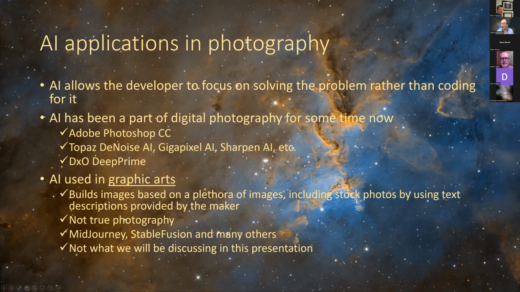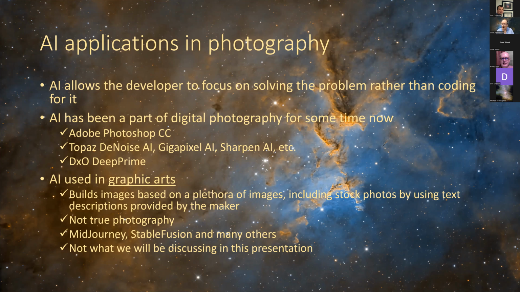But there's also, and this is one of the things I want to make sure I get across, in graphic arts, tools out there that can build images based upon a lot of different images, including stock images, which has been kind of an issue, I think.